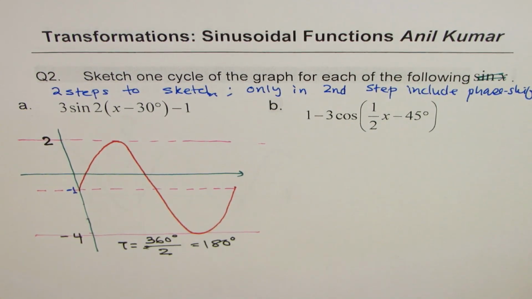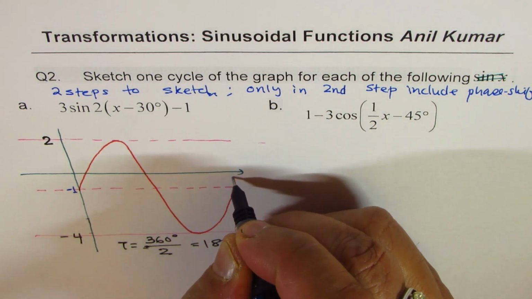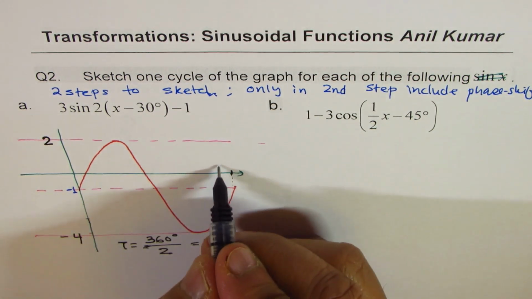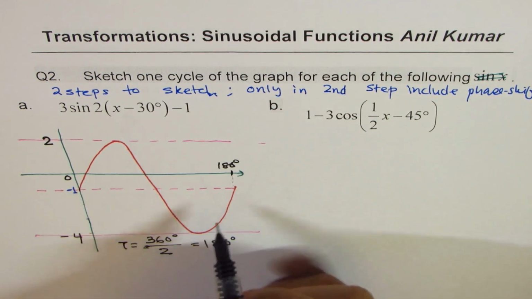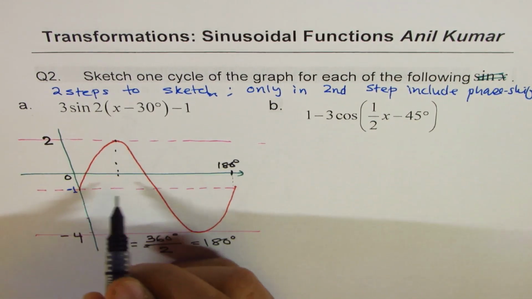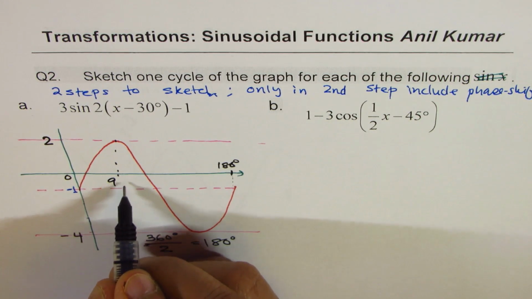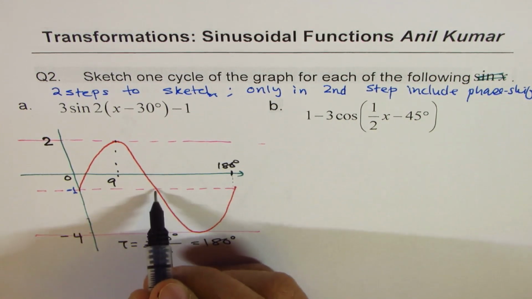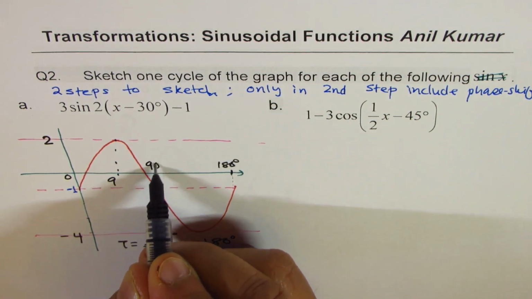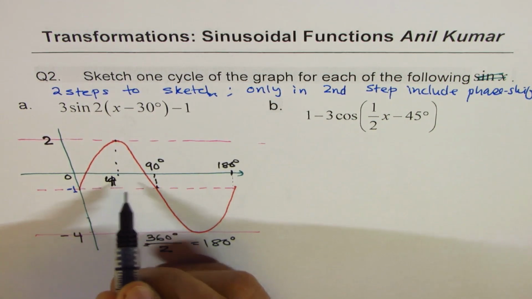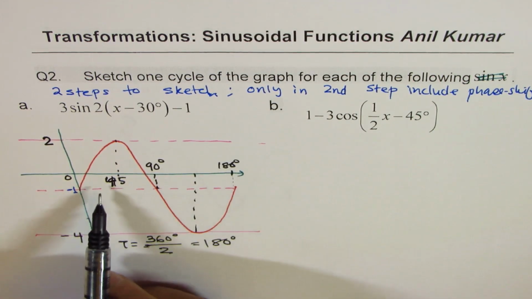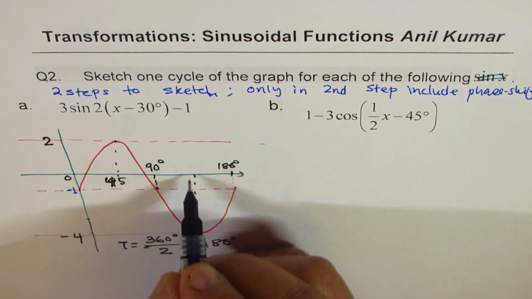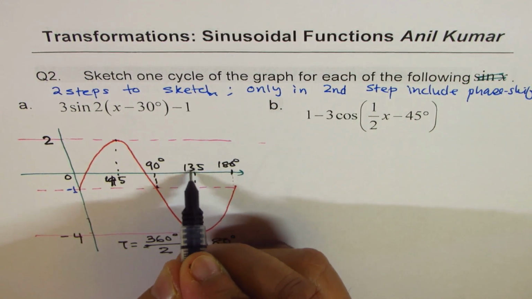In this one wave, you can see that this point has to be 180 degrees. Do you understand? This is 0 for us, correct? So the maximum lies at 90. The midpoint here will be at 90 degrees. This will be 45, one quarter, right? And this will be 45 times 3, 3 times 5 is 15, 135 degrees.